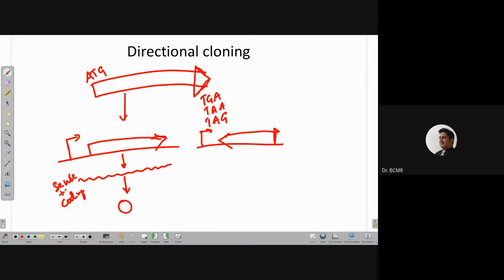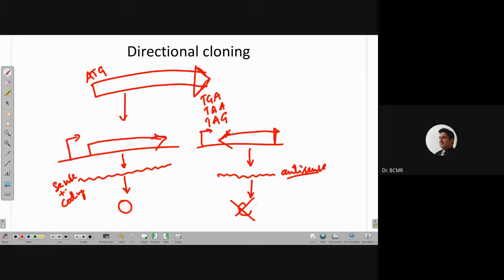So if we have the open reading frame in this way, then what we will get is the antisense of mRNA. There could be a protein probably if there is an open reading frame on the antisense RNA, but otherwise there will not be a protein.